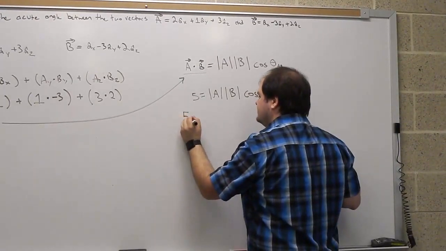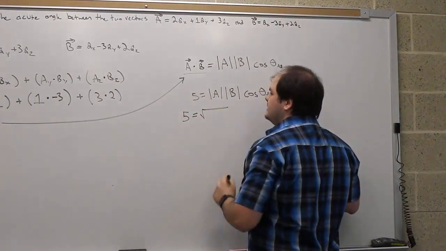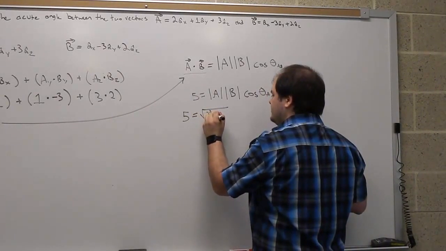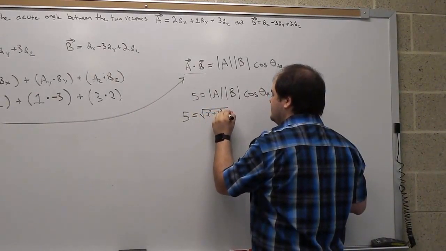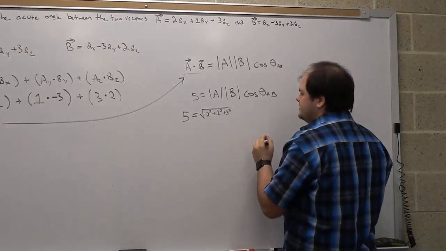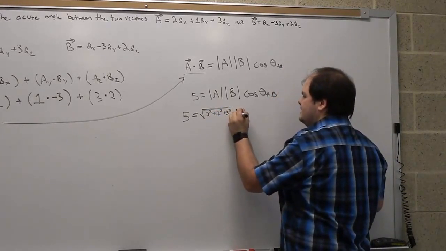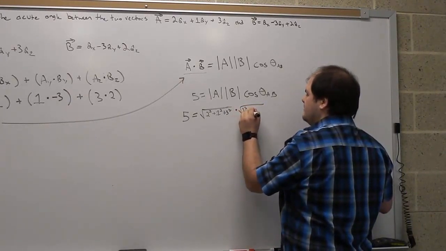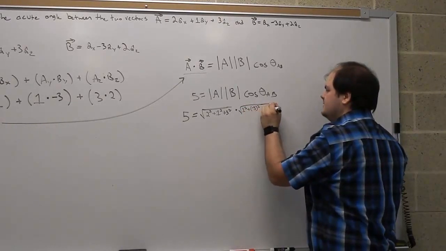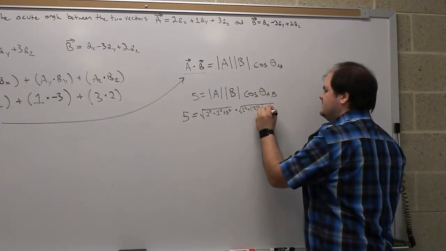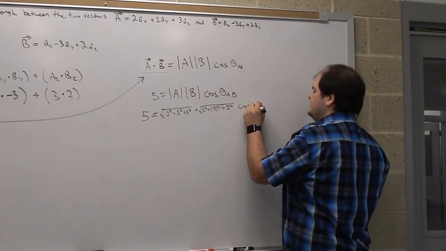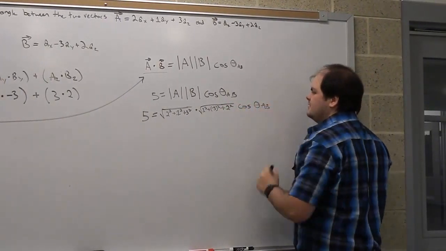So 5 is equal to the square root of 2 squared plus 1 squared plus 3 squared, coming from the definition of the magnitude, times the square root of 1 squared plus minus 3 squared plus 2 squared times cosine theta AB.